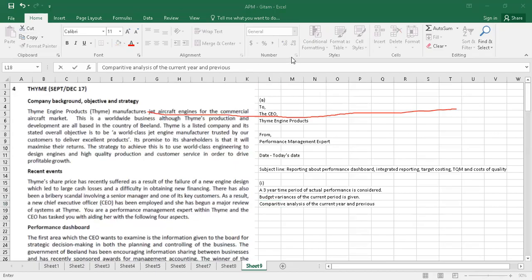So, comparative analysis of the current year and the current year with the previous year.